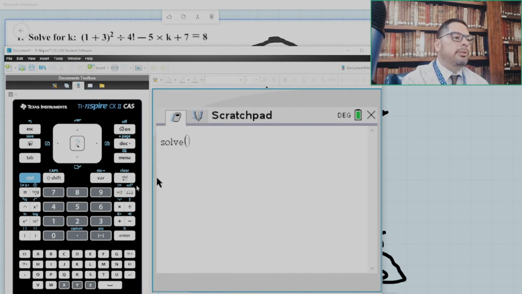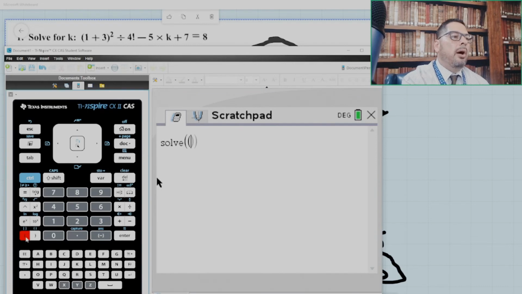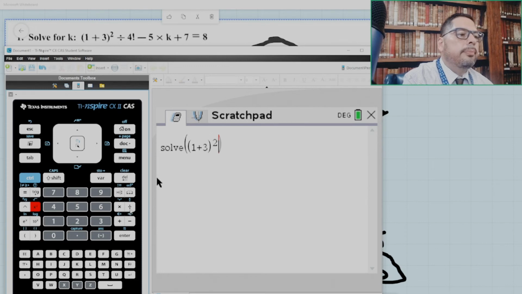And we're going to enter this. So we're going to enter the first parentheses, 1 plus 3, that quantity squared, divided by 4 factorial.